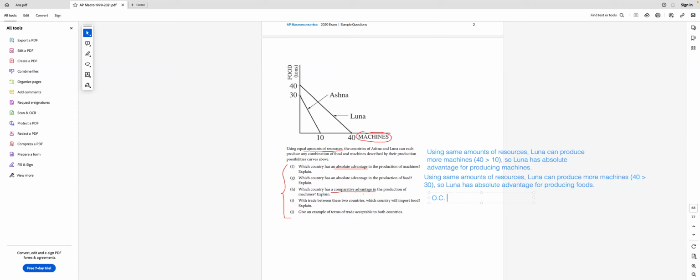The opportunity cost of producing machines for Luna equals 40 divided by 40, so equals 1 unit of food.